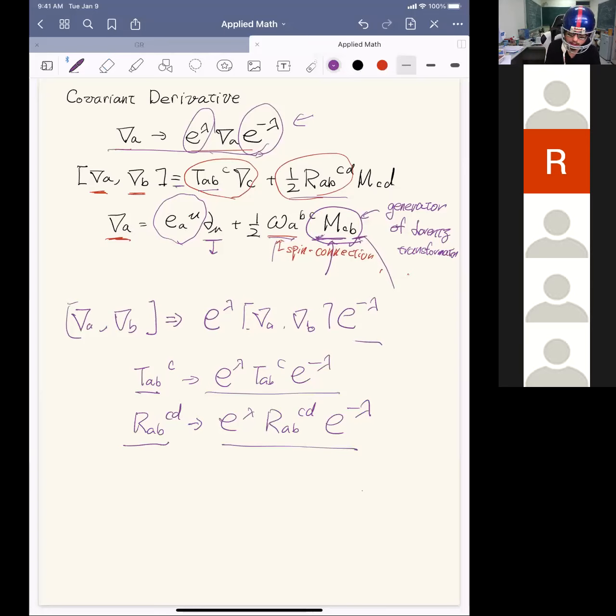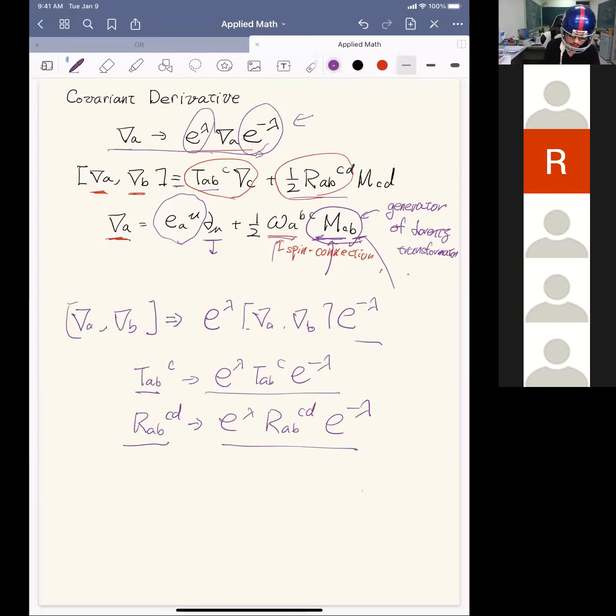We want things to be invariant under the transformation. So in order for things to be invariant, we first need to construct things which transform in a very simple manner. And once we do that, then we can write down things which are actually invariant.